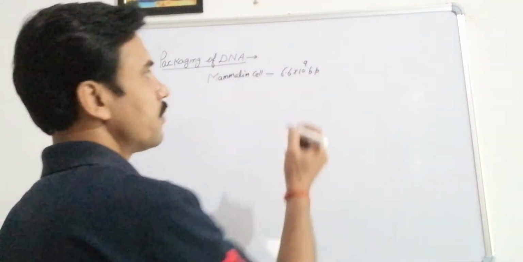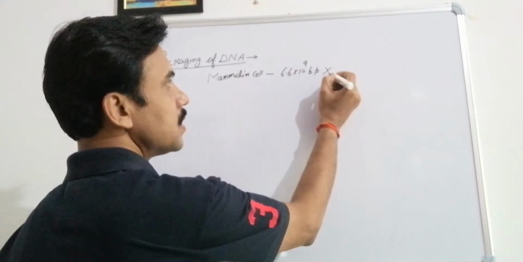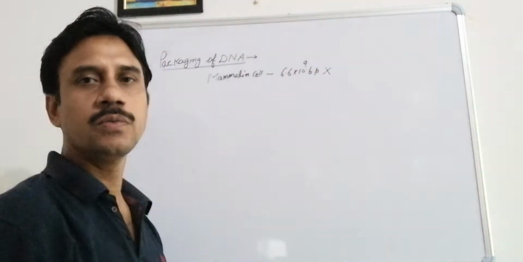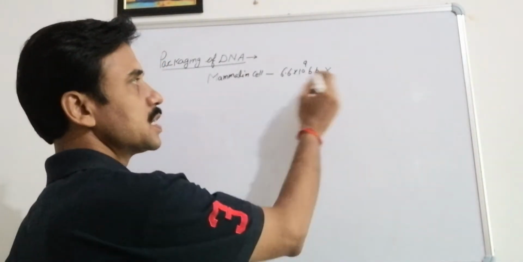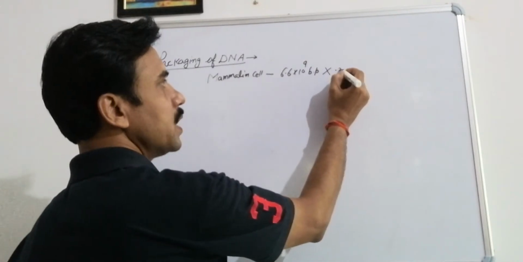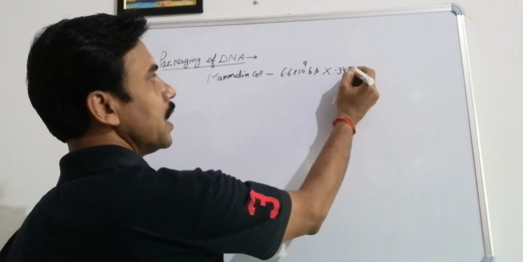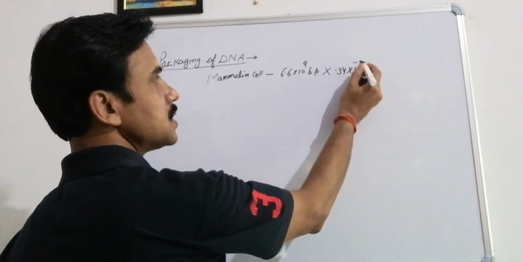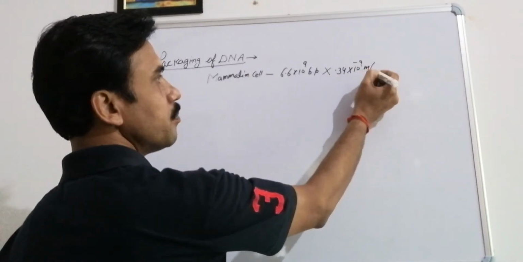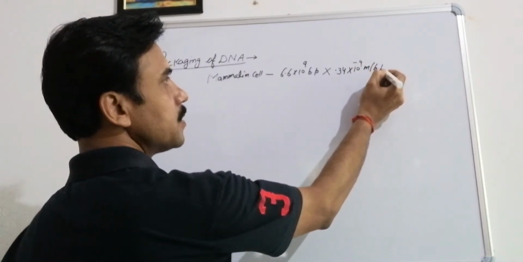If we multiply it by the distance between two base pairs, which is 0.34 into 10 raised to power minus 9 meter per base pair.